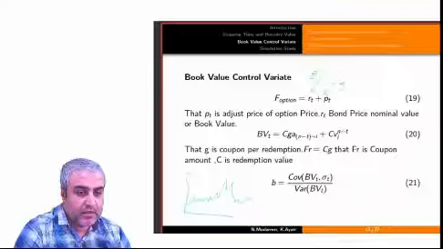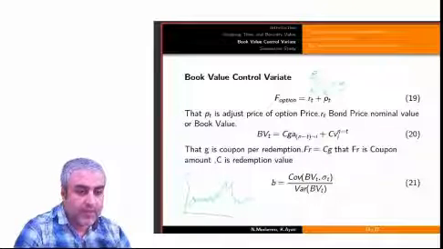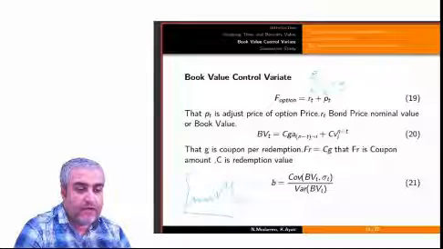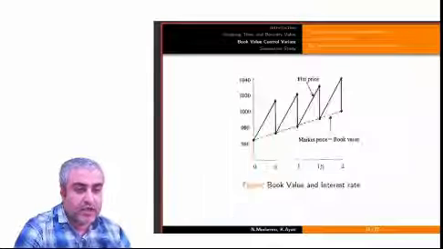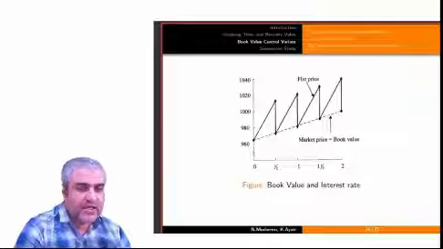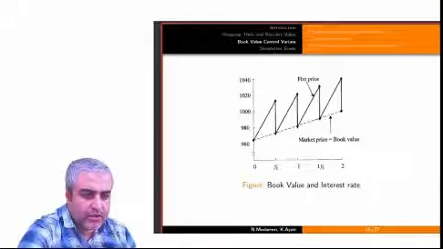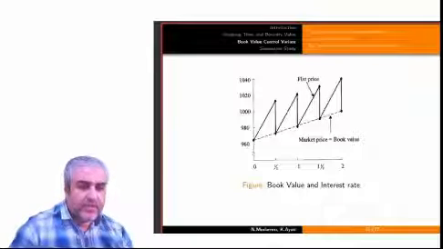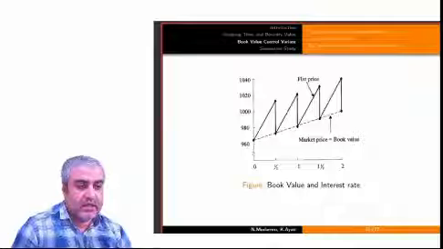We need the correlation between them for variance reduction of the price. In this slide, you see book value and interest rate, returning the minimum to the long-term interest rate.